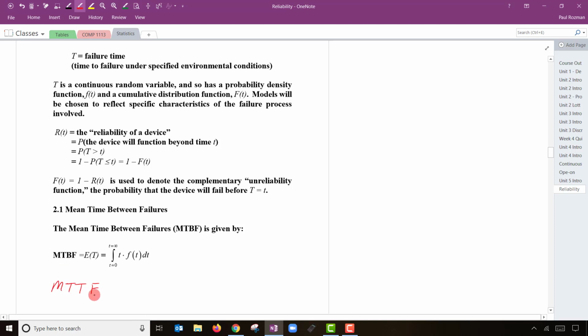The mean time to failure is when something fails and it's just disposed of. The mean time between failures is used when we're talking about something that fails but gets fixed. The average time between my car failing, for example. It follows its expected value. It's the expected amount of time that the thing survives.